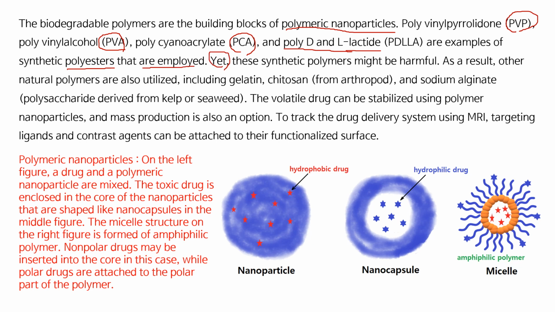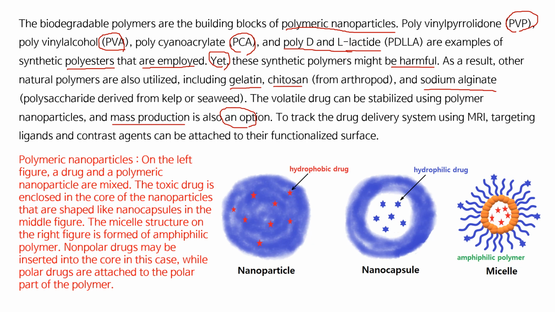Yet, these synthetic polymers might be harmful. As a result, other natural polymers are also utilized, including gelatin, chitosan, and sodium alginate. The volatile drug can be stabilized using polymer nanoparticles, and mass production is also possible for the polymeric nanoparticles.